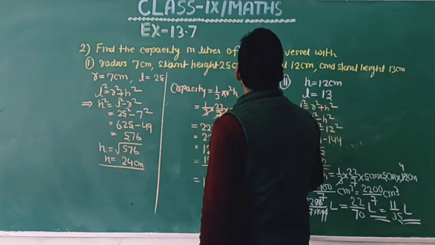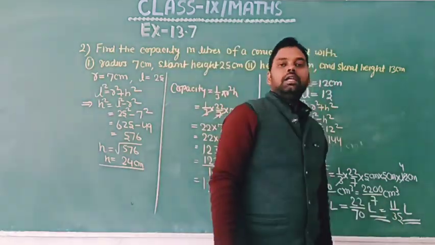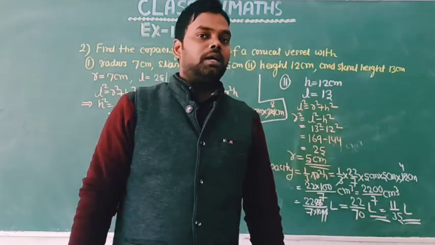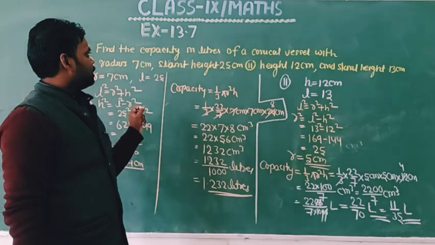So the capacity of the second conical vessel is 11 by 35 liters. So this is the required solution of questions number 1 and 2 of exercise 13.7.